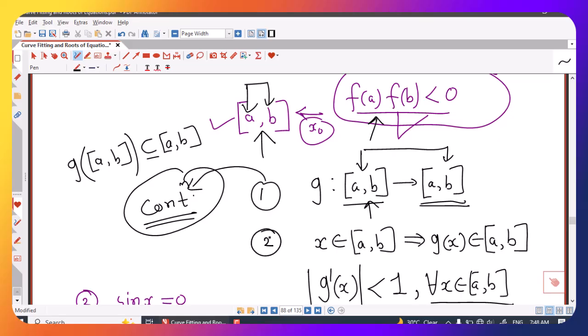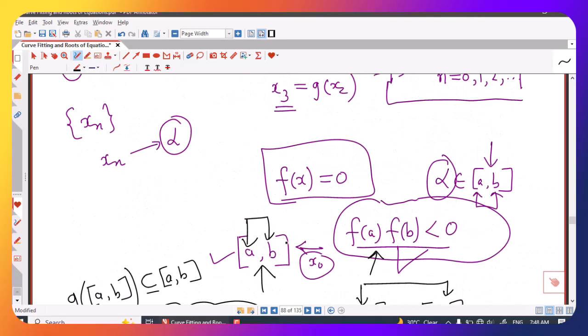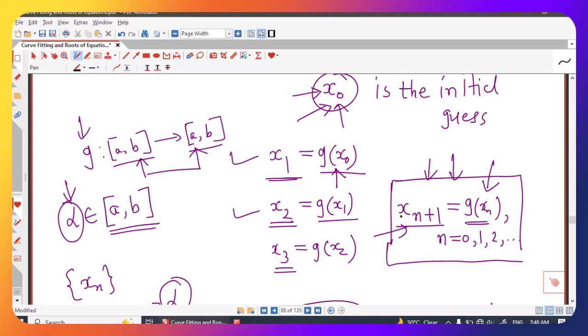Second requirement is, if x belongs to [a,b], g(x) belongs to [a,b] for every x in the closed interval, that is g maps the closed interval [a,b] into itself. And if g'(x) exists, then |g'(x)| is less than 1 for every x in [a,b]. So if these three criteria are satisfied, then the sequence of iterations generated by the iterative function g will always converge to the actual root alpha.